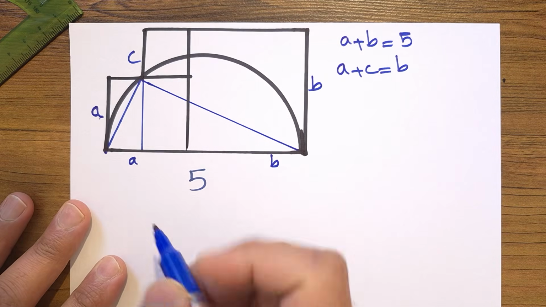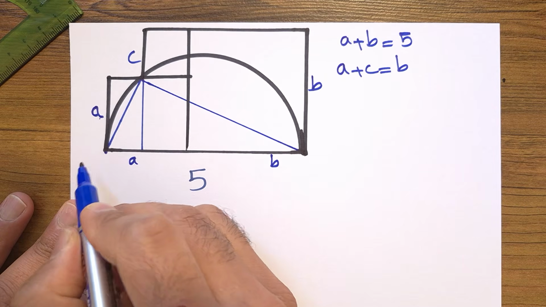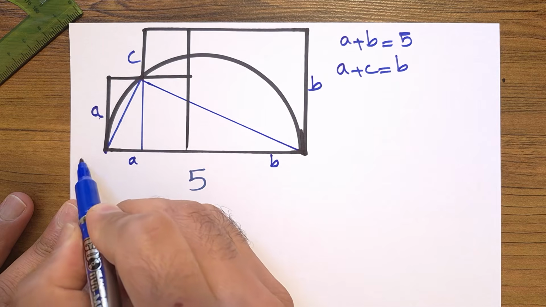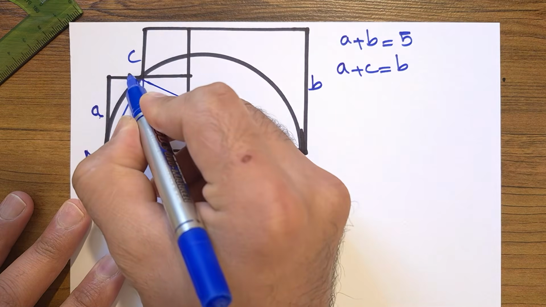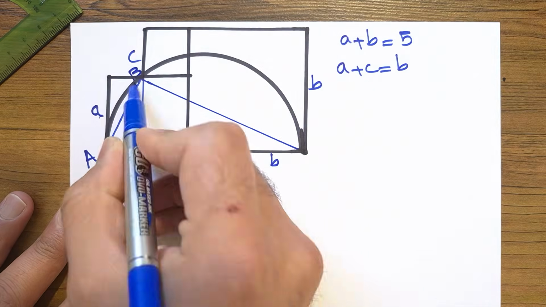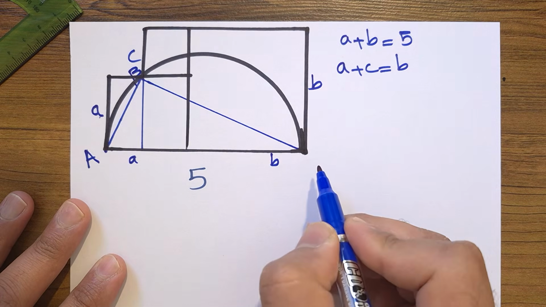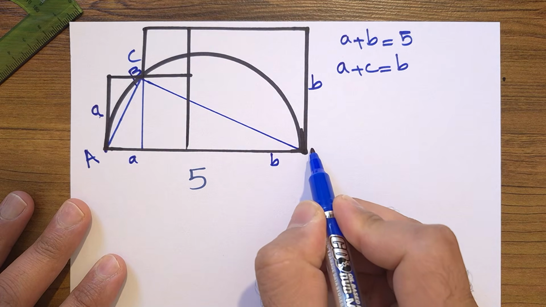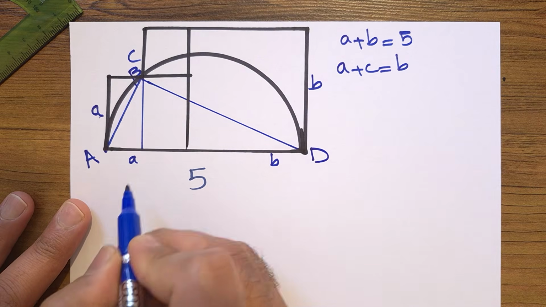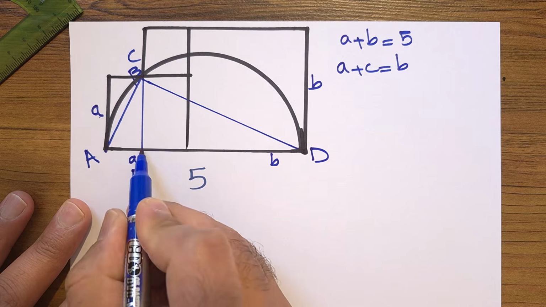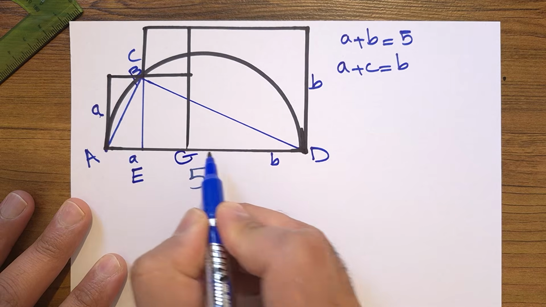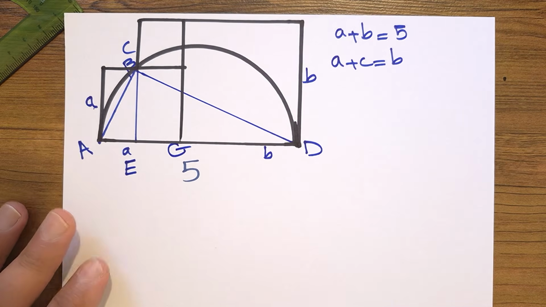But let me denote some more letters here. So for example, we have A, we have capital B, which is this intersection point, and we have, for example, D, this point, we have E, capital A, this point, and capital G, for example, this point.